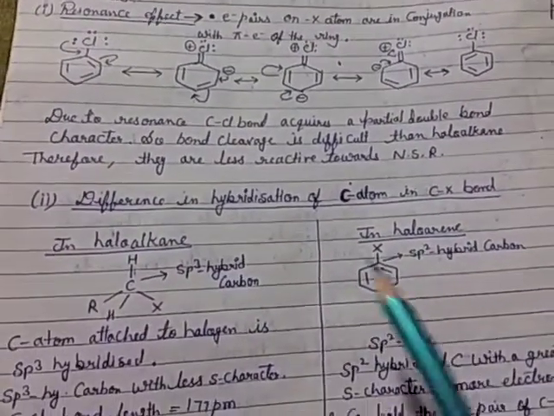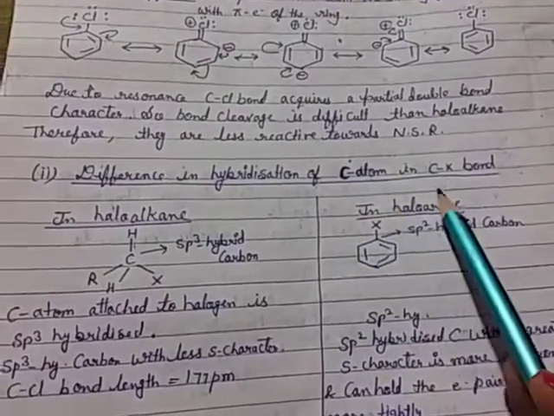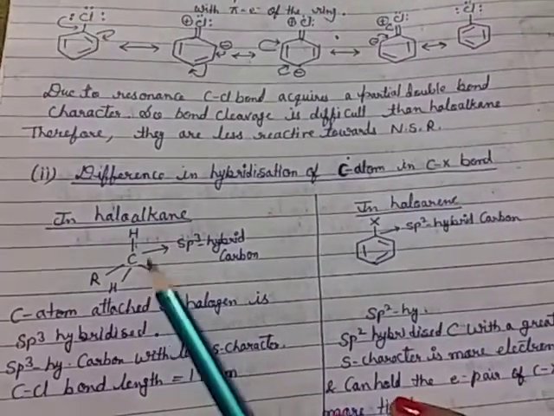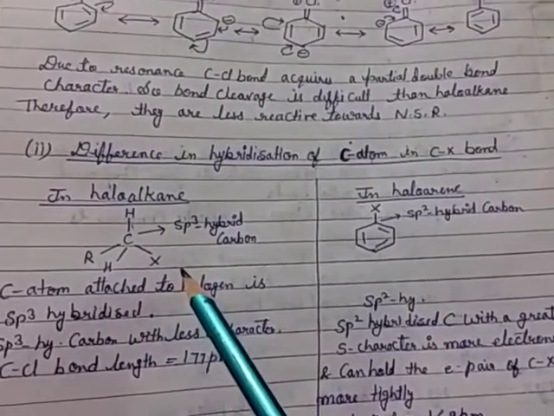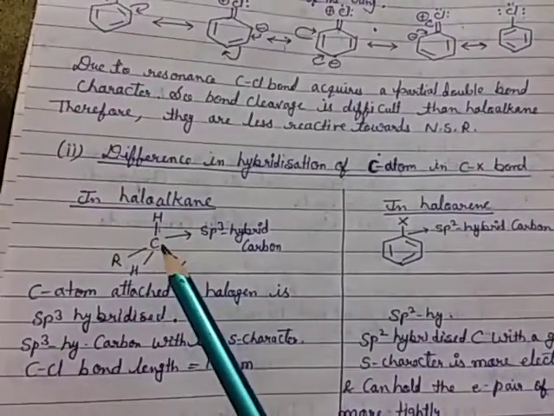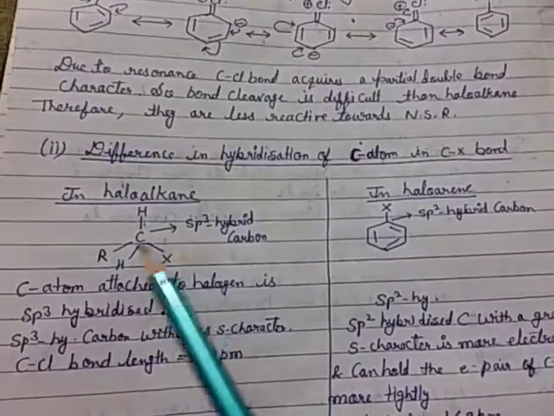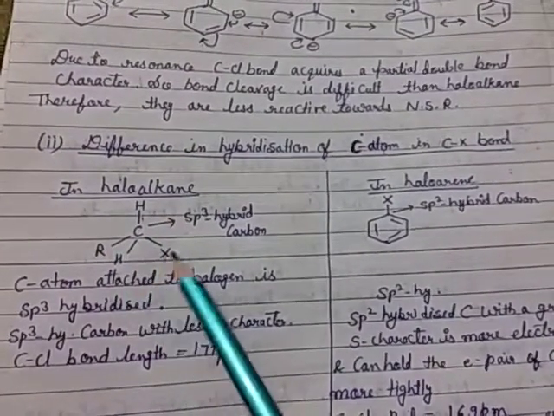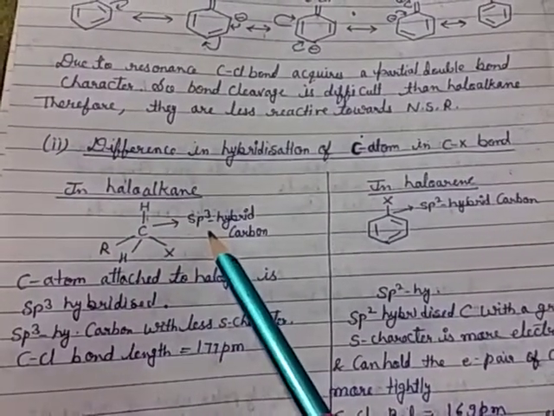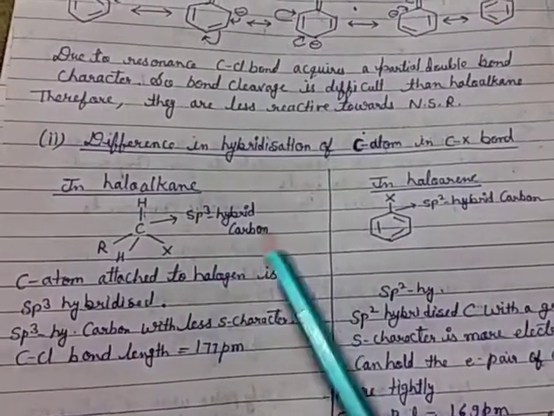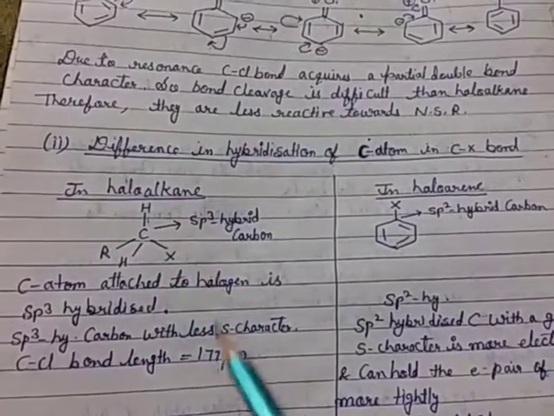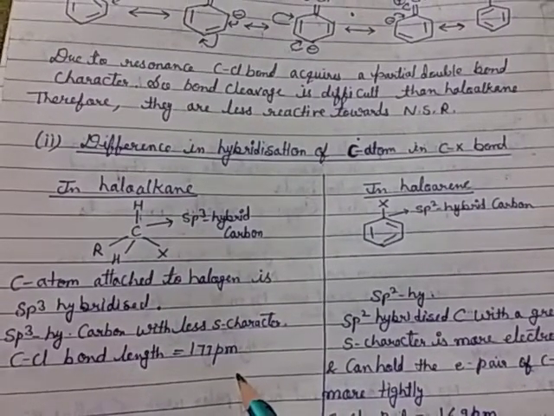The second reason is the difference in hybridization of the carbon atom in the C-X bond. In haloalkane, the carbon attached to the halogen is sp3 hybridized, with less s character, and the carbon-chlorine bond length is 177 picometer.